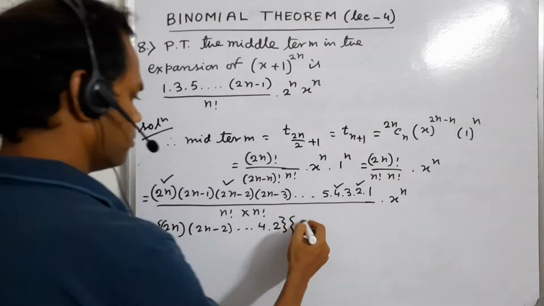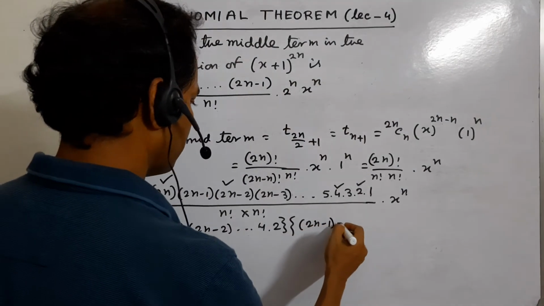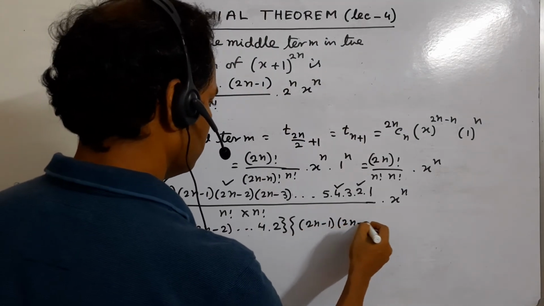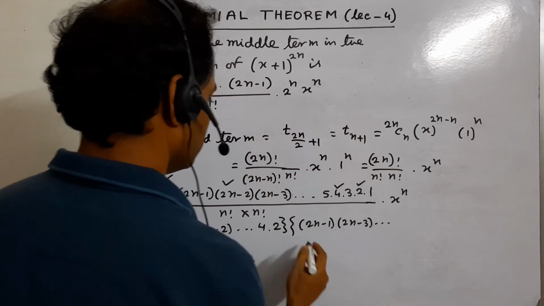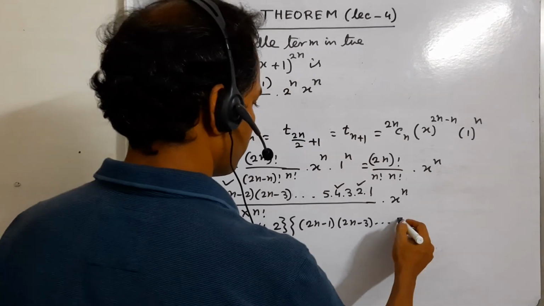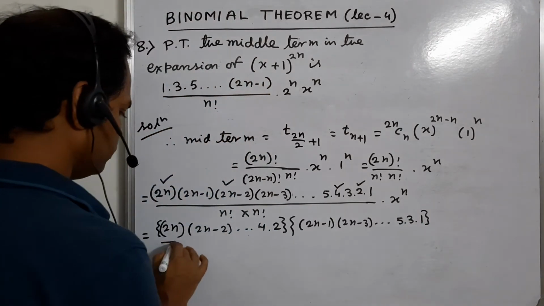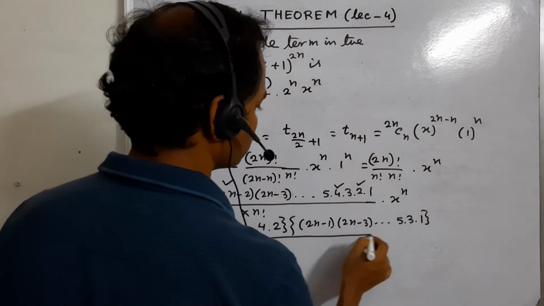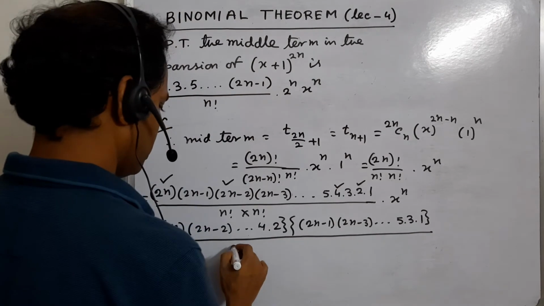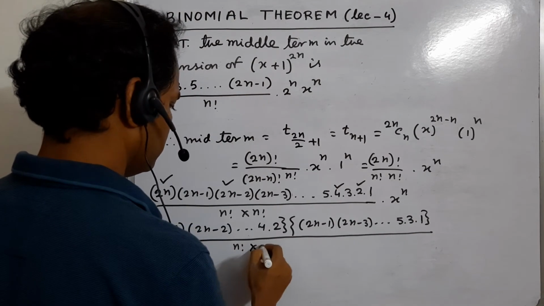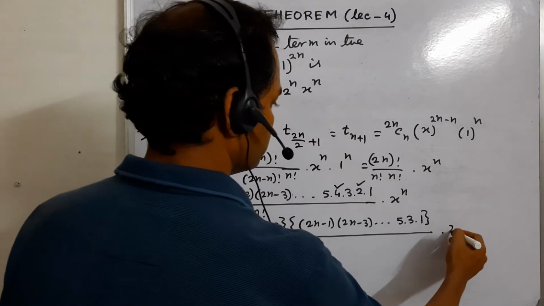The rest of the numbers, the odd numbers, we cannot take 2 common from these: 2n minus 1 up to 5 into 3 into 1, by n factorial into n factorial into x to the power n.